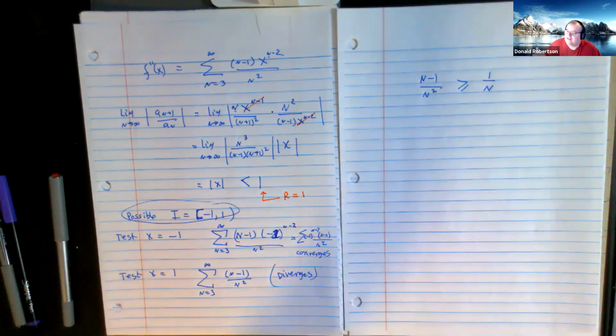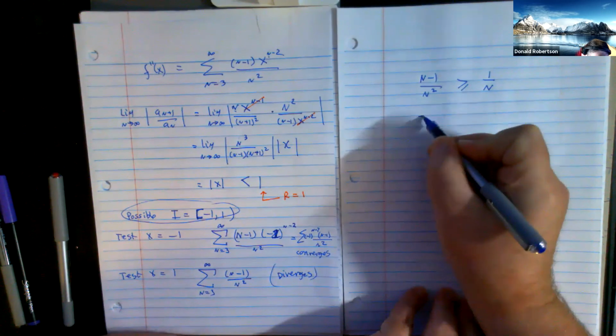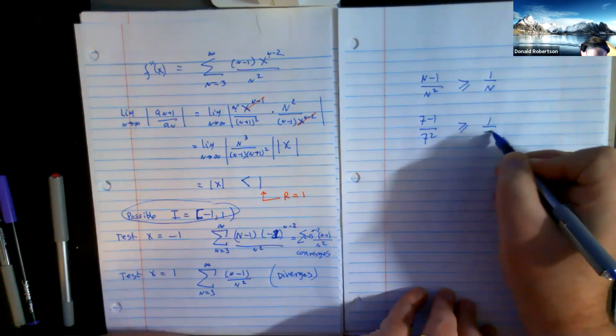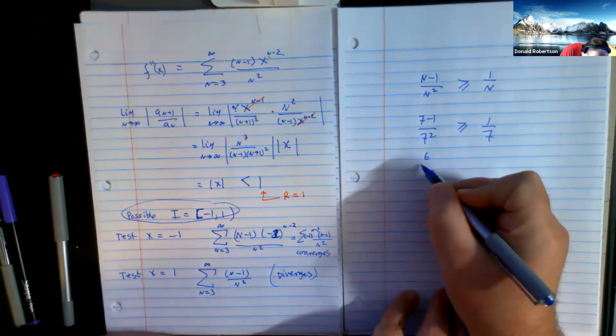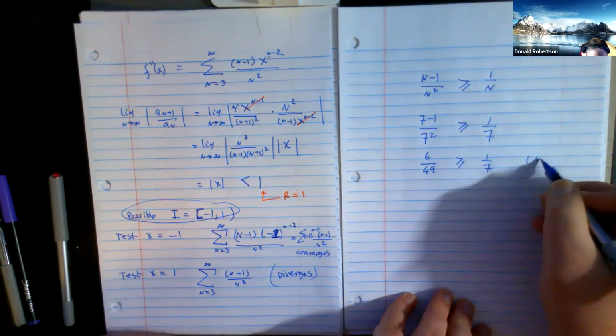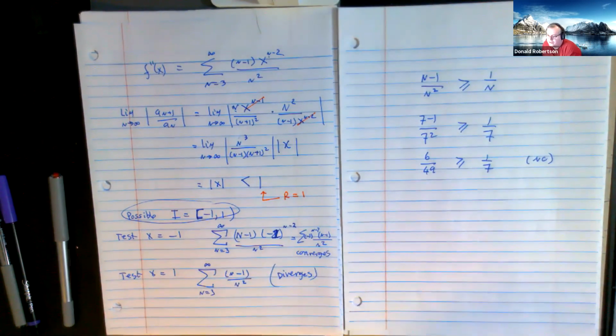Pick a number, 7, right? If I picked 7, is that guy bigger than that? Well, is 6 over 49 bigger than 1 over 7? The answer is no, it's not. So the comparison test would not work.